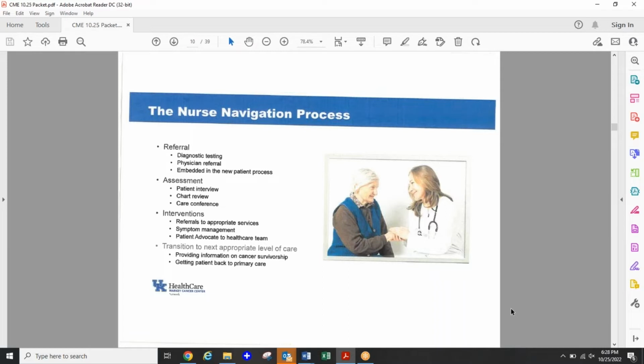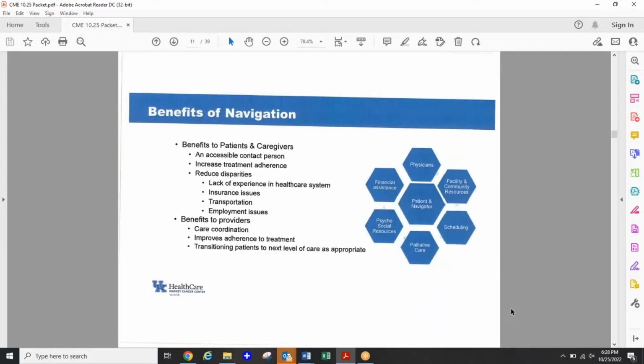Cancer patients and their caregivers often experience barriers to timely, high-quality cancer treatment, and these barriers run the gamut. They include lack of experience with the healthcare system. We've all had a patient who says, well, I haven't been to a doctor in 30 years. Well, a lot has changed in healthcare in 30 years, so they don't really know how things work, and a navigator can help them with that.